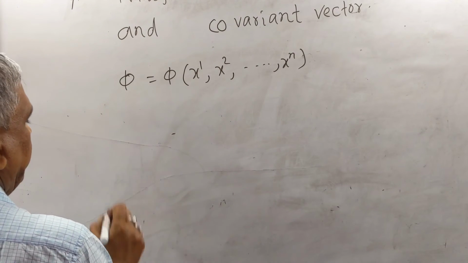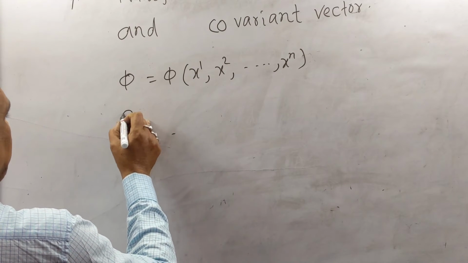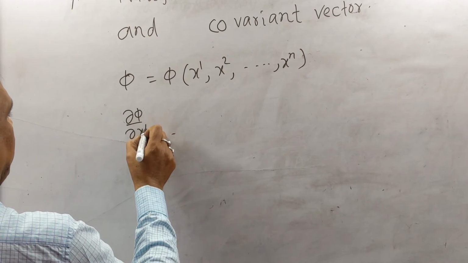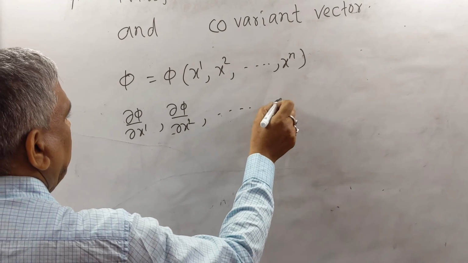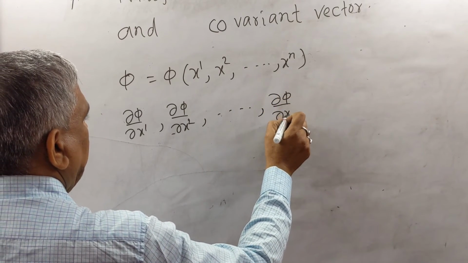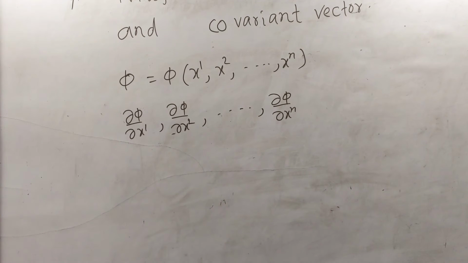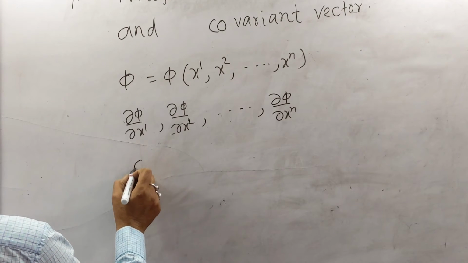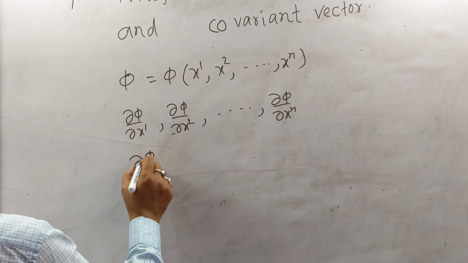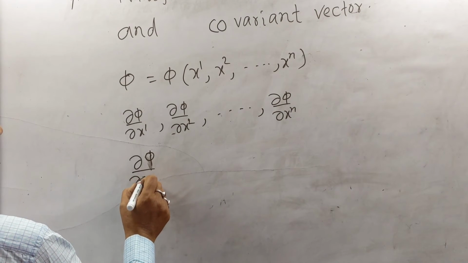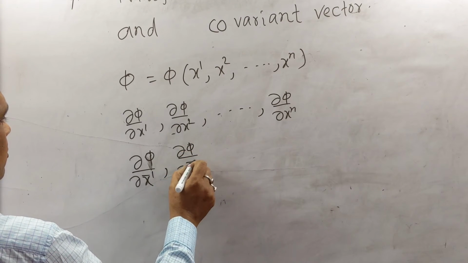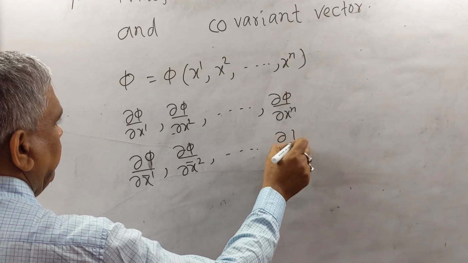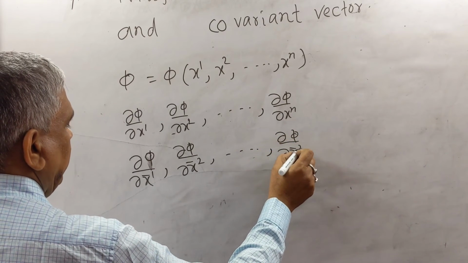We may find values del phi by del x1, del phi by del x2, del phi by del xn, and corresponding values in x bar system of coordinates be del phi by del x bar 1, del phi by del x bar 2, del phi by del x bar n.